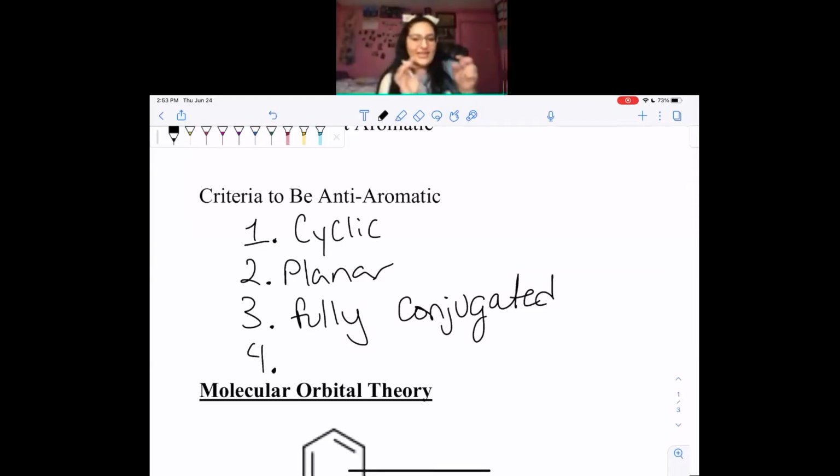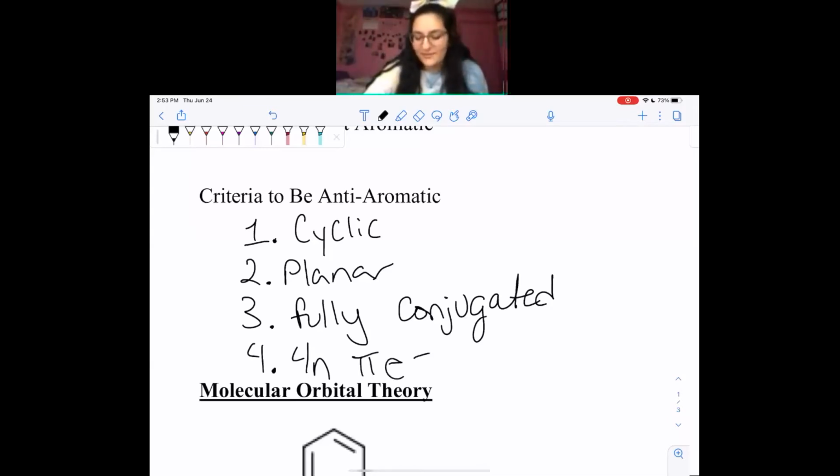It's ever so slight, it's tiny, but you need to put it in your brain. 4N pi electrons. I'm being annoying and silly so that it kind of sticks in your brain, right? So for aromatic, it has to be 4N plus 2. For anti-aromatic, it has to be 4N. So it's going to be an interval of 4. So anti-aromatic, 4N.